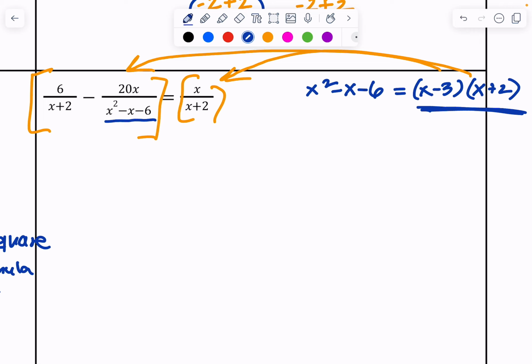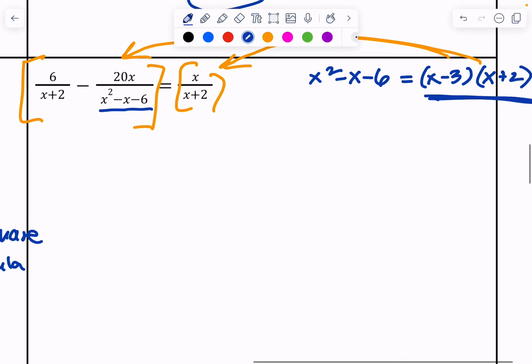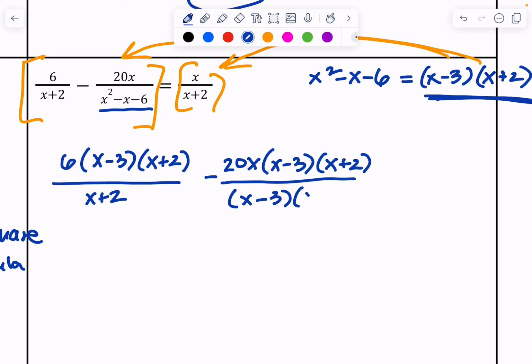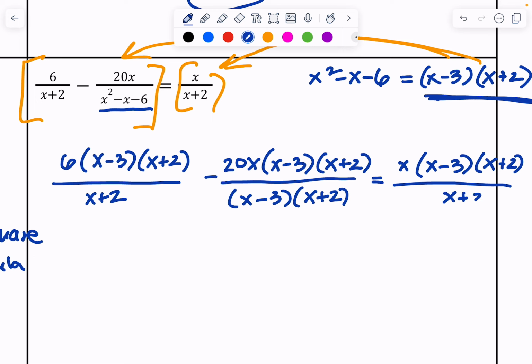Okay, so it's going to get a little crazy, but we're going to have 6 times x minus 3 times x plus 2 all over x plus 2 minus 20x times x minus 3 times x plus 2 all over, and I'm going to write that in factored form, x minus 3 times x plus 2 equals x times x minus 3 times x plus 2 all over x plus 2.